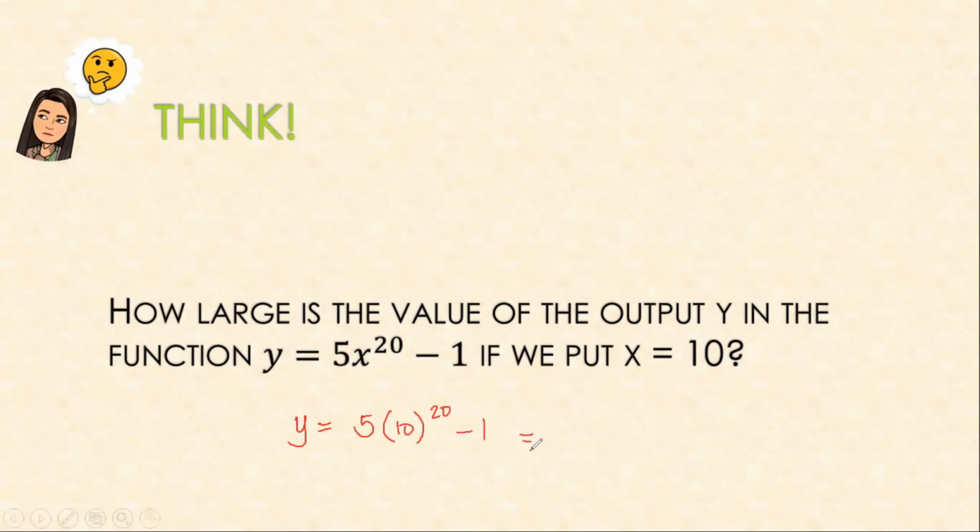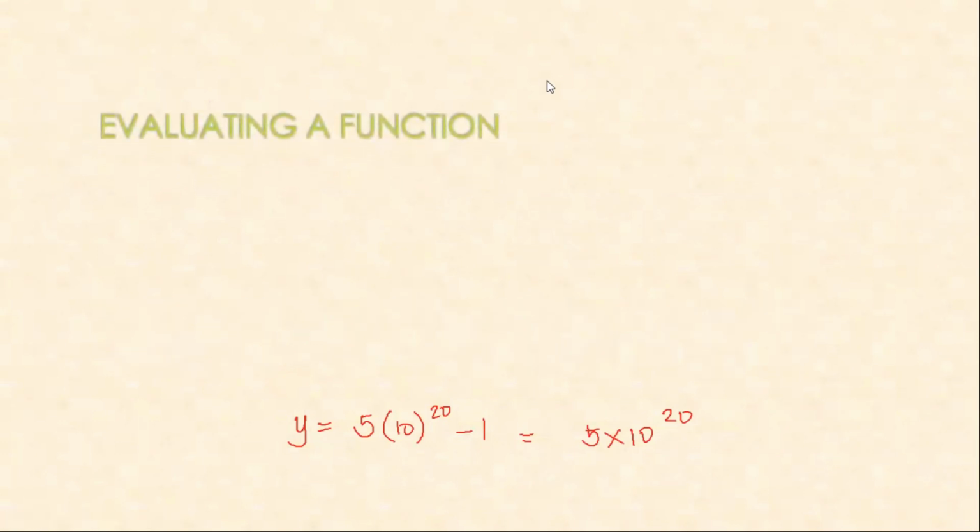So if we're going to evaluate or simplify this equation, we will get an extremely large number. That would be 5 times 10 raised to 20. So what we just did here is actually a process of evaluating a function.